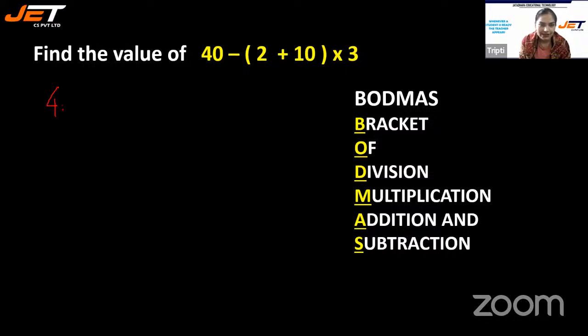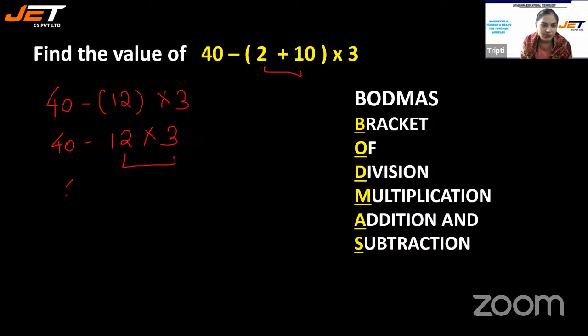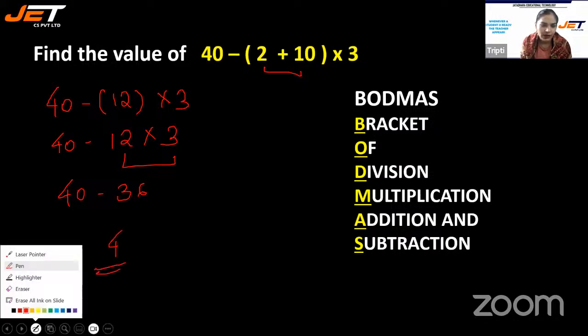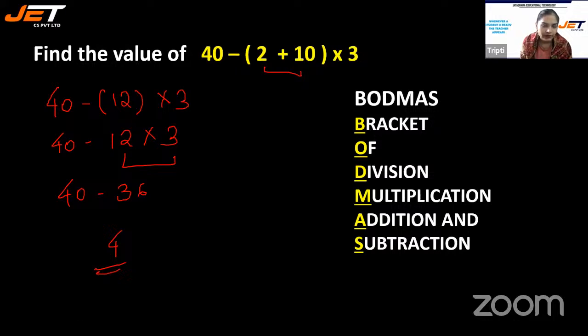So 40 as it is minus (2 plus 10) is 12 times 3. So I'm going to remove the bracket. That you can do in the first step also. Now, multiplication is first. 12 times 3 is 36, right? 40 minus 36 is 4. 4 is the answer, right?